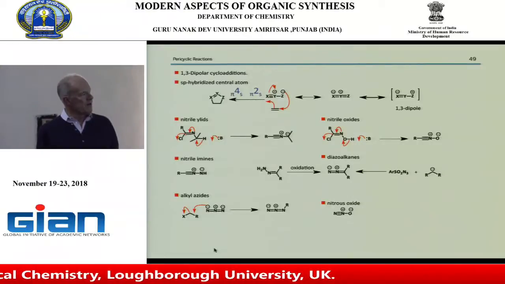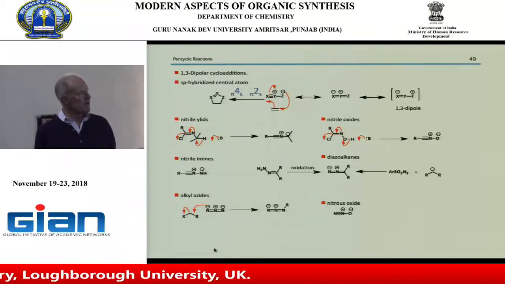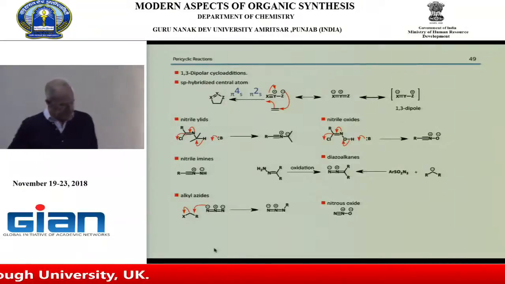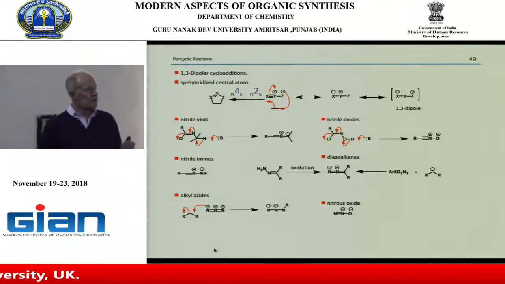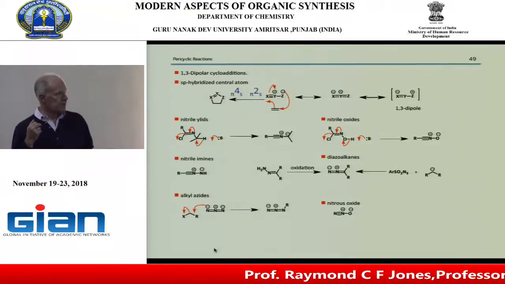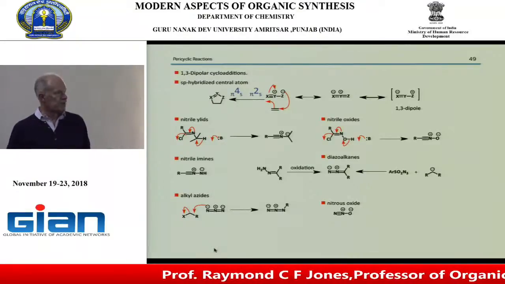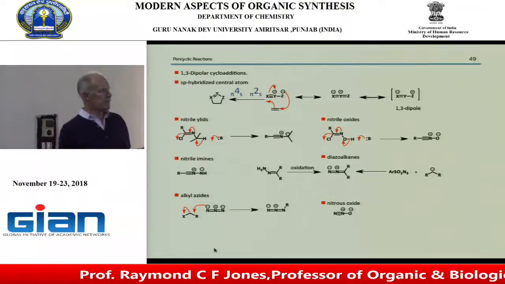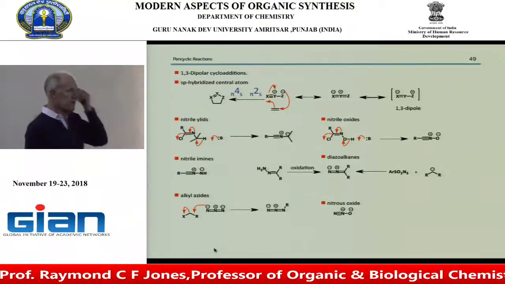But there is a nitrile ylide, and that is a CNC dipole that is actually more oxidized than the azomethine ylide that was on the last slide, which was double bond, single bond, rather than triple bond, single bond. So that was also a CNC dipole.